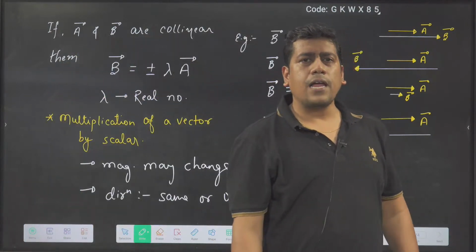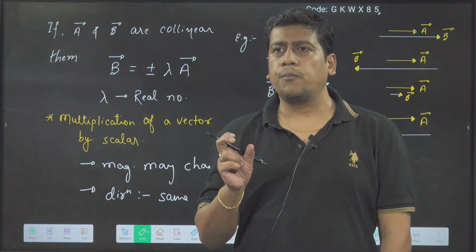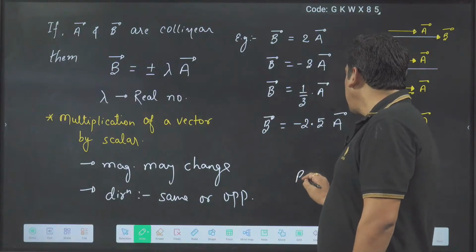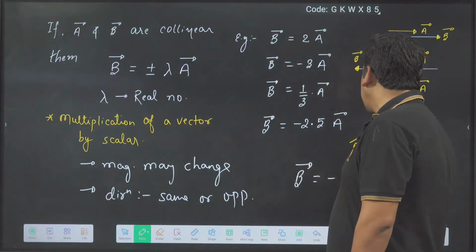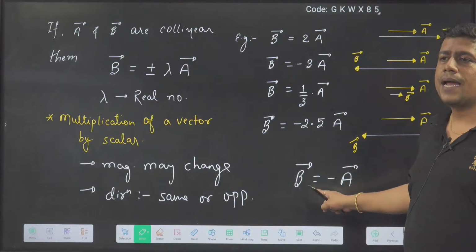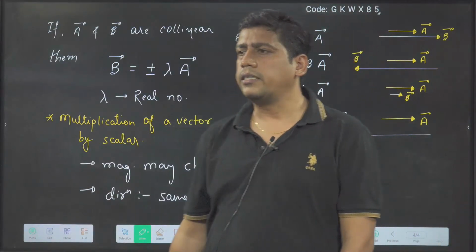So when you multiply a vector with a scalar, the magnitude may change. Why am I using the word may? Because if you multiply with -1, then magnitude remains same. Means if you write b vector equal to minus a vector, minus a vector means it is -1 multiplied. So magnitude will remain same, but the direction will be changed. It will be opposite.